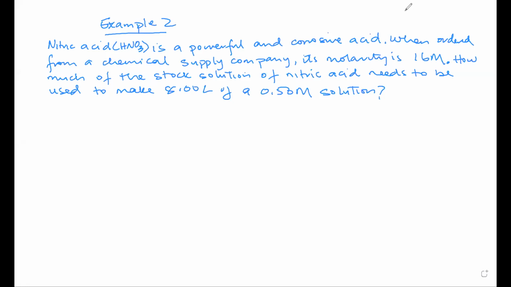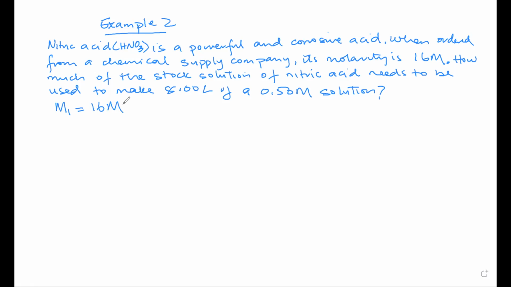So you have to understand this question. Nitric acid is a powerful and corrosive acid. When ordered from a chemical supply company, its molarity is 16 molar. How much of the stock solution of nitric acid needs to be used to make 8.00 liters of a 0.50 molar solution? So what do we know? We know the initial concentration, M1, is 16 molar.